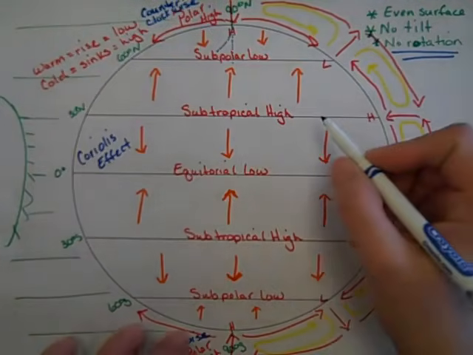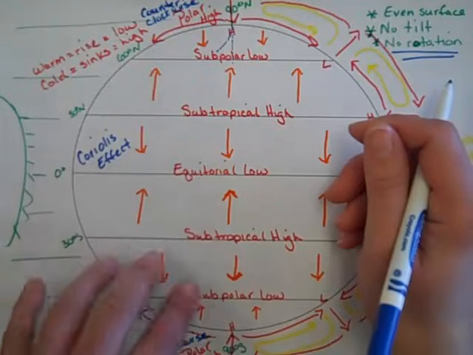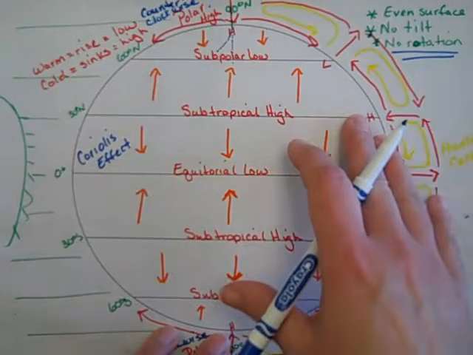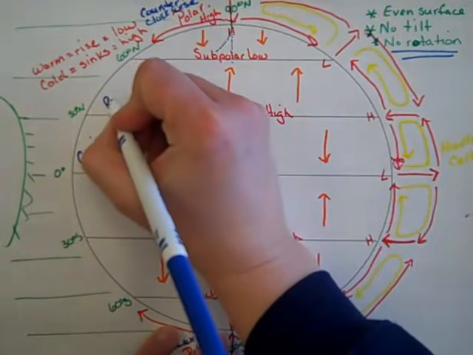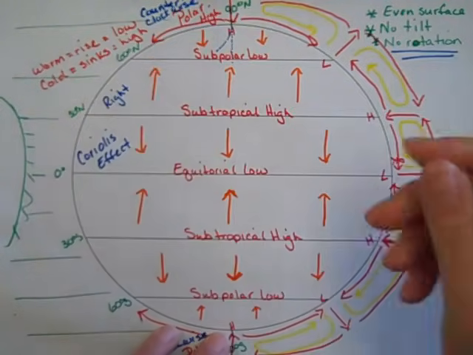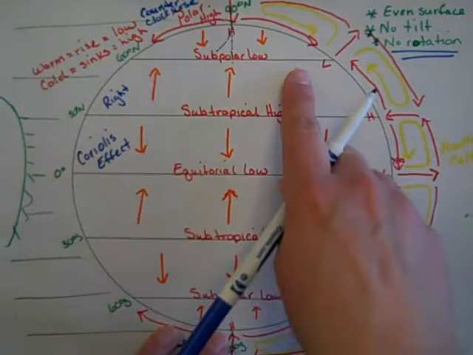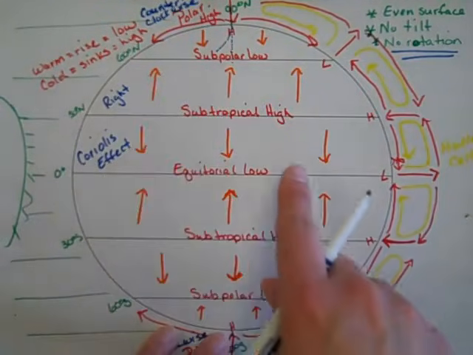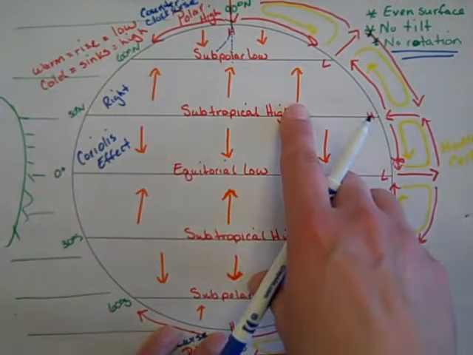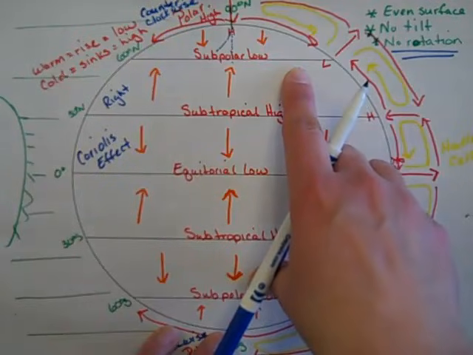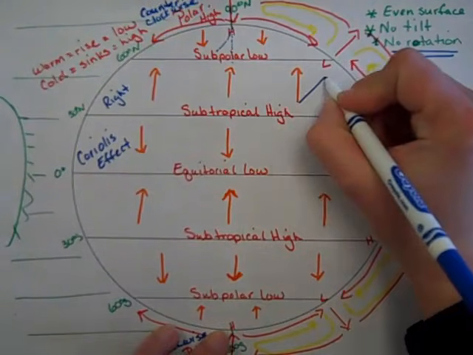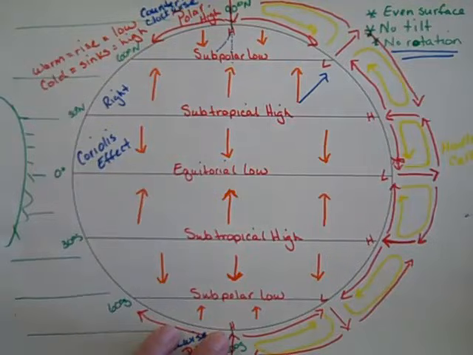So let's start with our subtropical highs because these are right side up. In the northern hemisphere, the Coriolis effect deflects fluids to the right. So if we've got our winds moving this way, imagine you walking along this arrow. If you get deflected to the right, now you're going this way.